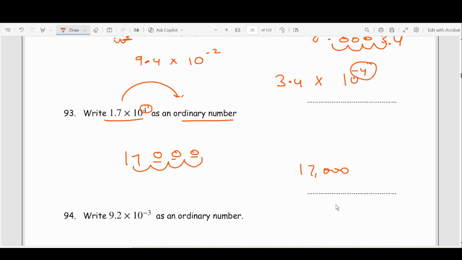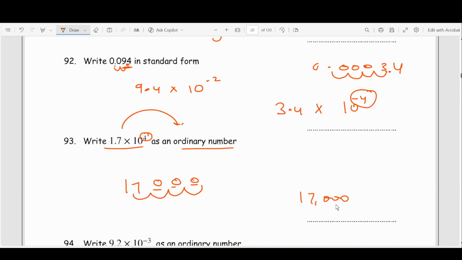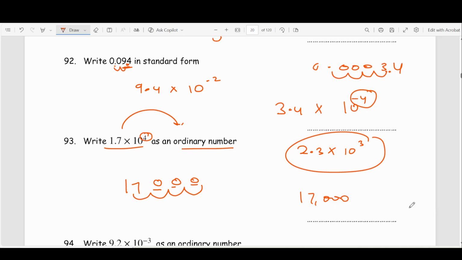Can you try this? 2.3 times 10 to the power 3. Try this as an ordinary number. How do we do it?